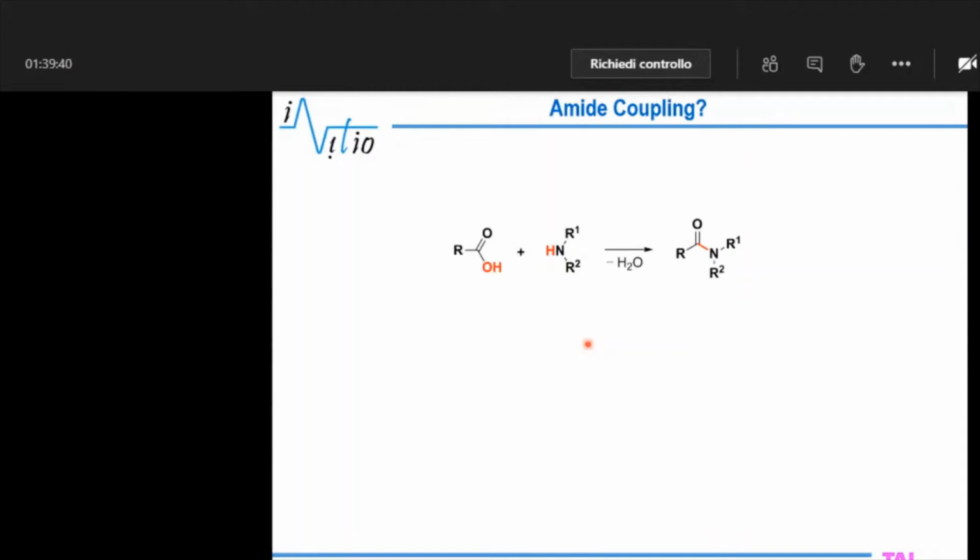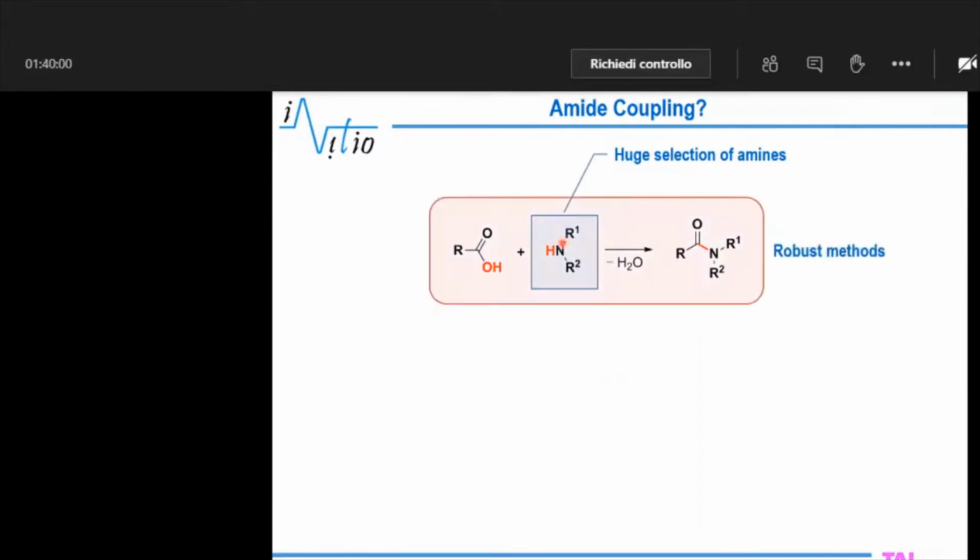Why? Because of two reasons. The first reason is that we have a huge selection of amines, so you can find a lot of them commercially available, and basically it means that you can attach whatever you need. And the second reason is that these amide coupling methods are very robust, very well developed.